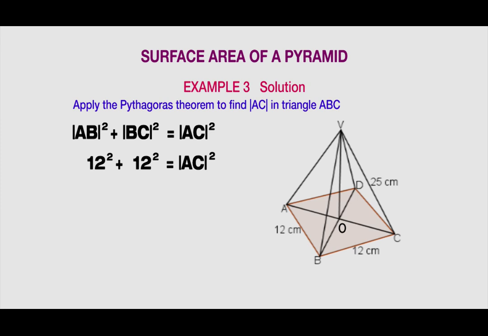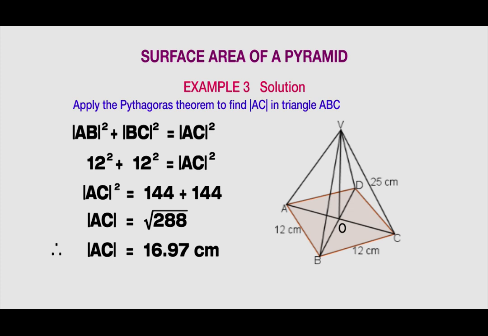And that will simplify to AC squared equals 144 plus 144. And that gives us AC equals square root of 288. Taking the square root, we have AC equals 16.97 centimeters.